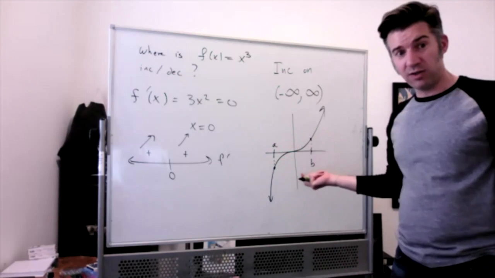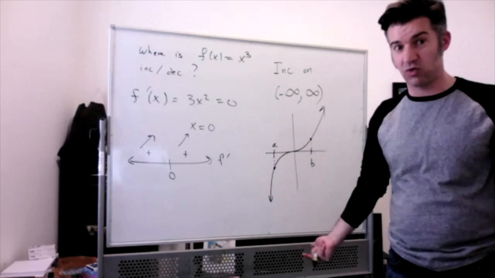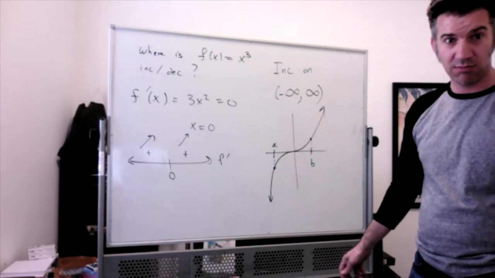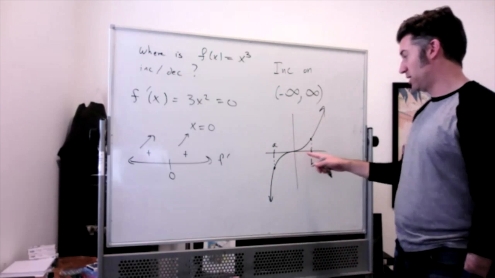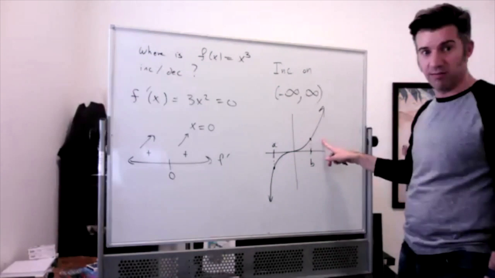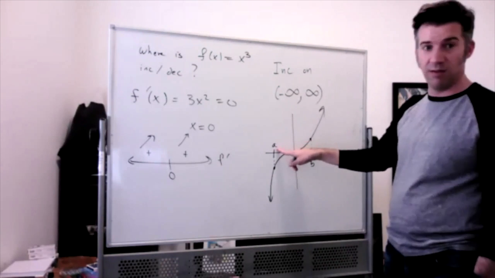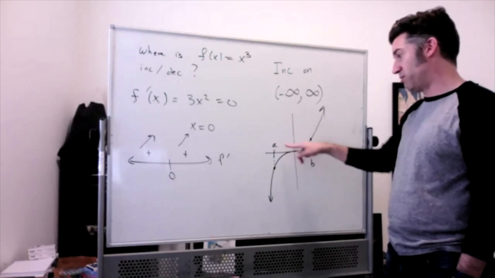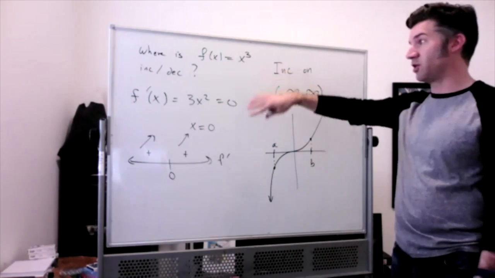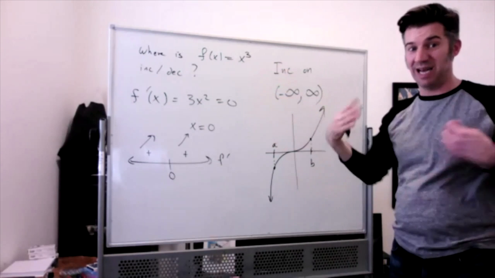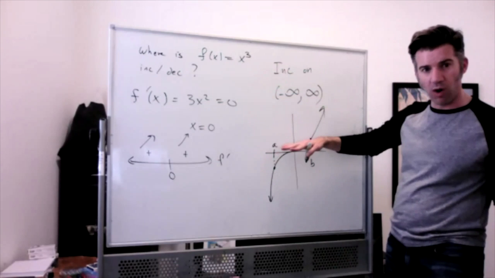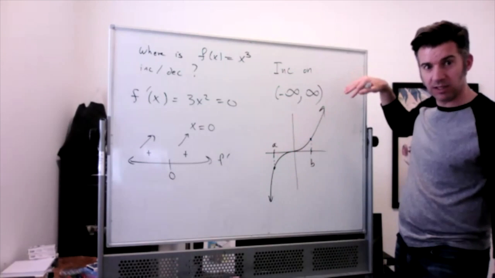And in this function, it is totally true even if 0 is one of the 2 points you pick, right? If 0 is less than a number, then f of 0 is certainly less than f of that number. And if 0 is bigger than the number, then f of 0 is certainly bigger than f of the number. So this function is increasing on the entire interval. Even though it flattens out for 1 point, it still is increasing on the entire interval.